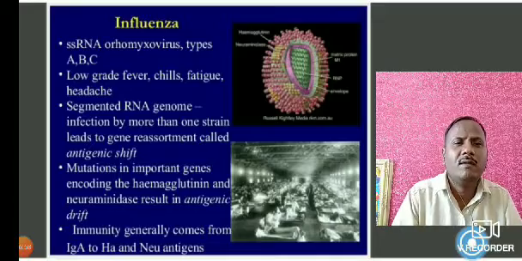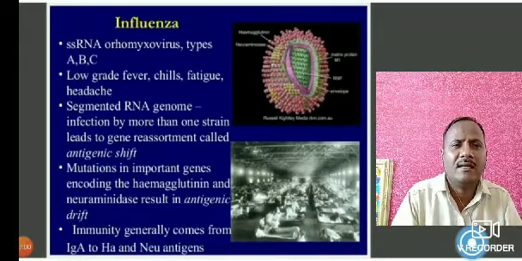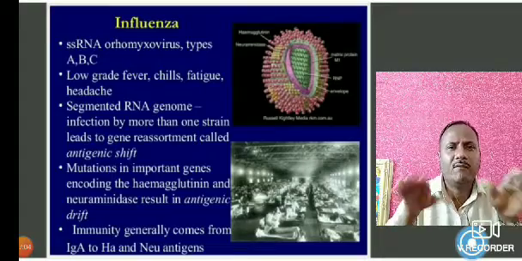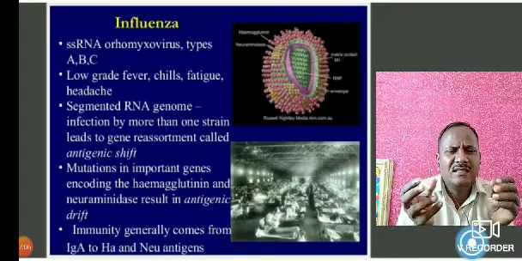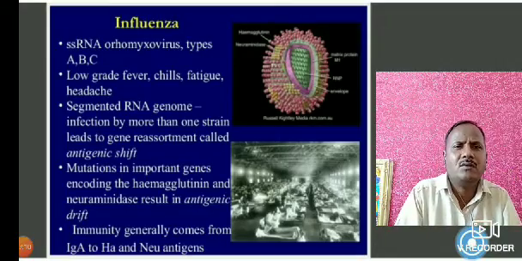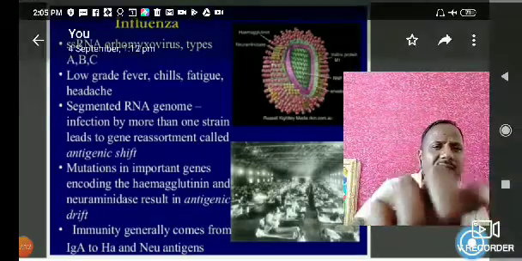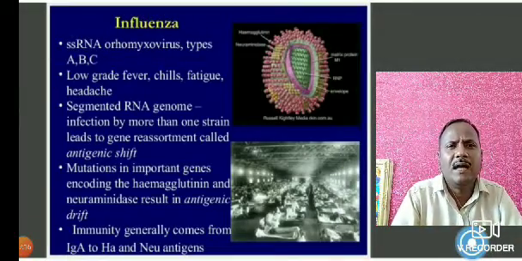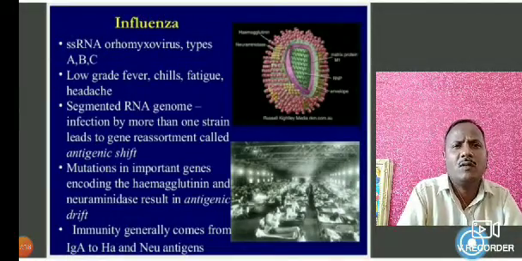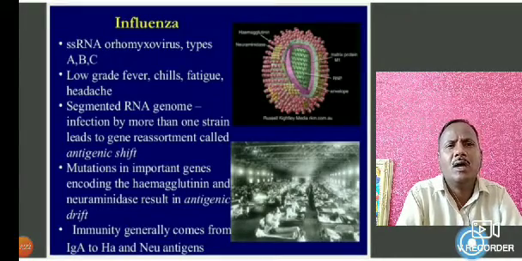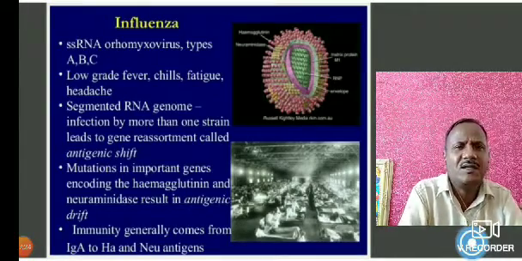Low grade fever, chills, fatigue, and headache are the symptoms of influenza. Chills, in Marathi we can say thandi, and fatigue and headache are the main symptoms of influenza virus. Infection of the segmented RNA genome by more than one strain leads to gene reassortment called antigenic shift.